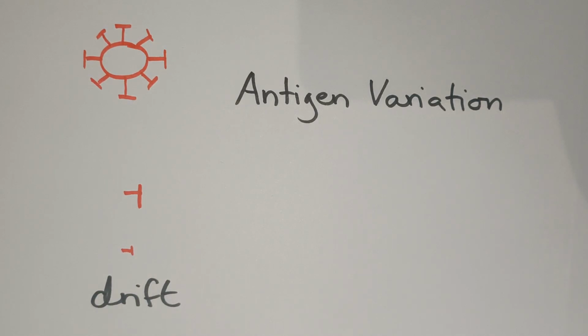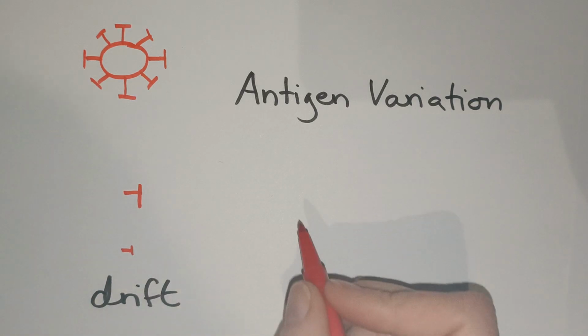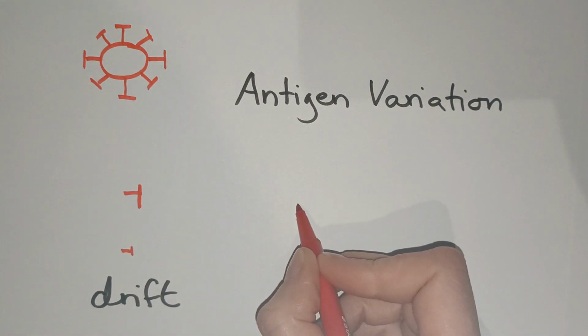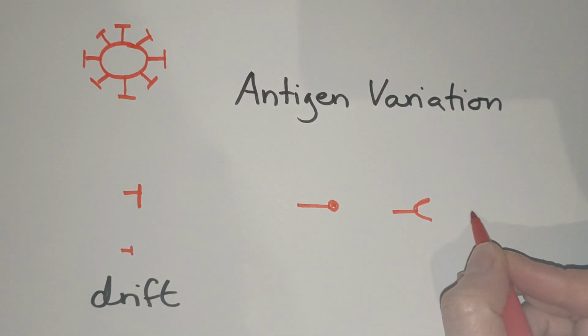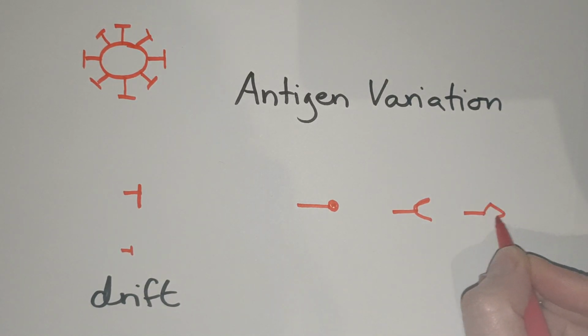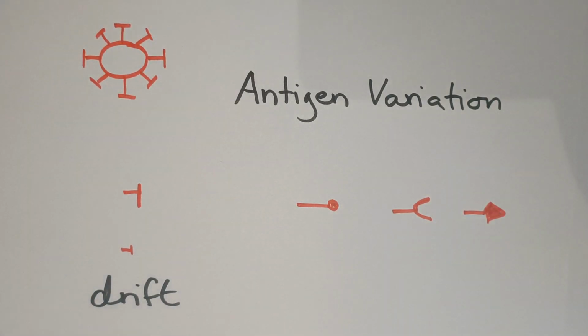However, sometimes the mutations that happen in terms of antigens can be fast changing, and those changes can be larger. So instead of just a little change in shape, you might have the equivalent of this happen, or maybe even this, or maybe even this. And as these changes occur, there is no way that those previous antibody complexes are going to work.